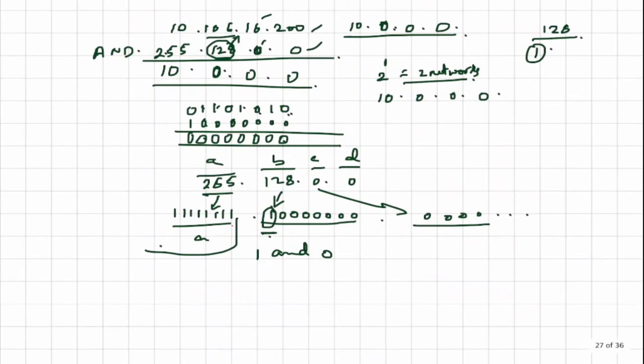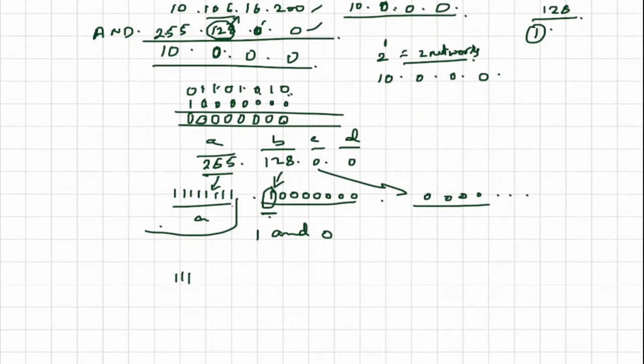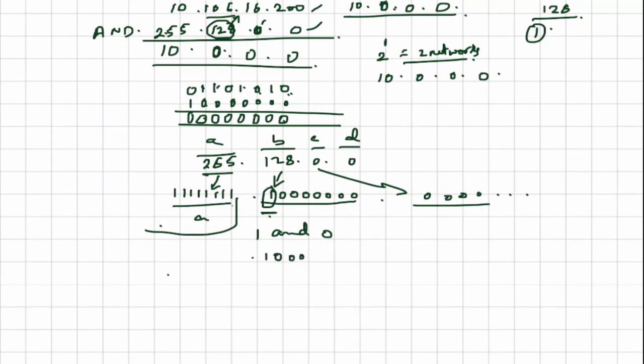So one network ID has 1 0 0 0 and another network ID has 0. So only one place has been changed with 1 and 0. The remaining are all constant.